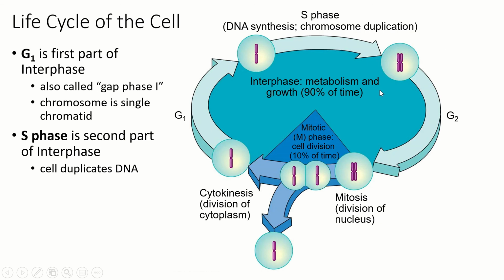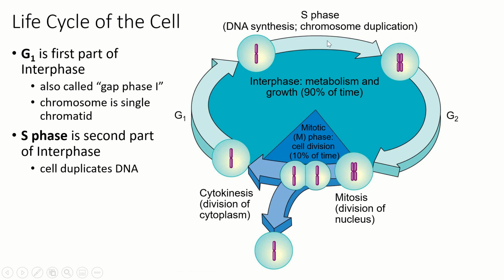All right, so that's the first phase of interphase. So we've got interphase is this 90% of the cell's lifetime. The first phase, the cell is just doing what it does. Okay, it's just doing photosynthesis or breaking down something the cell engulfed, whatever. The S phase is when the DNA is actually going to be duplicated.